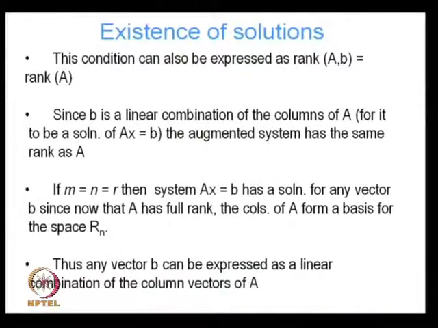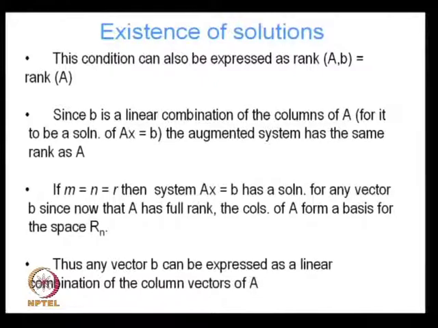If m is equal to n is equal to r, that is if A is a square matrix and has got full rank, then Ax equal to b has a solution for any vector b. Since A has full rank, the columns of A form a basis for the space Rn. A has full rank means A has rank n.